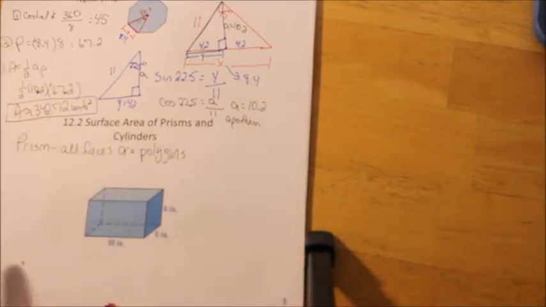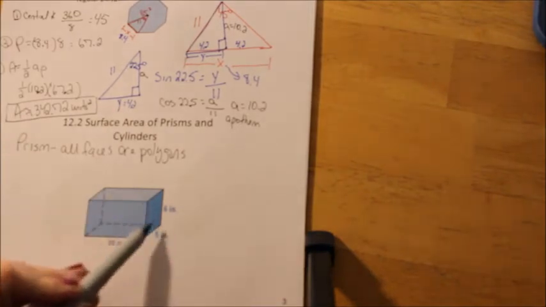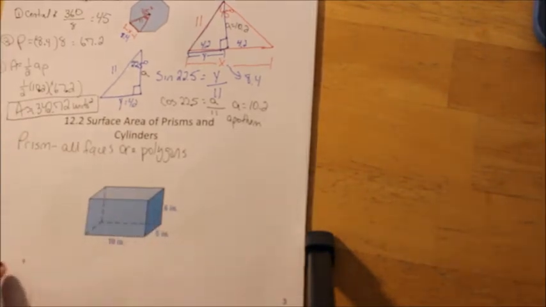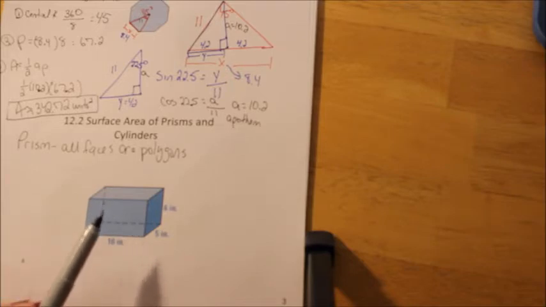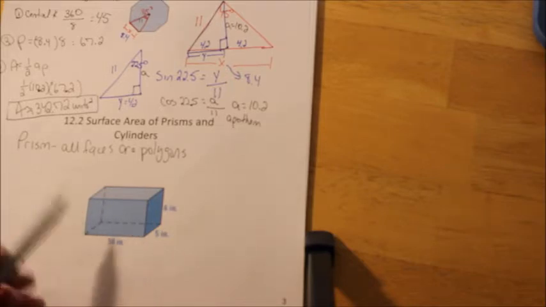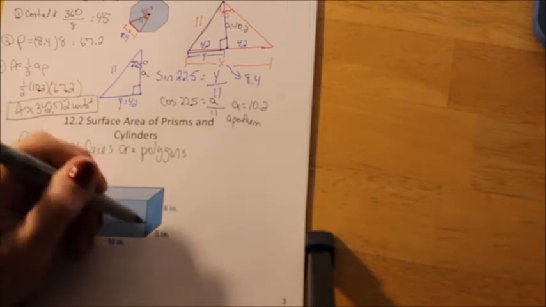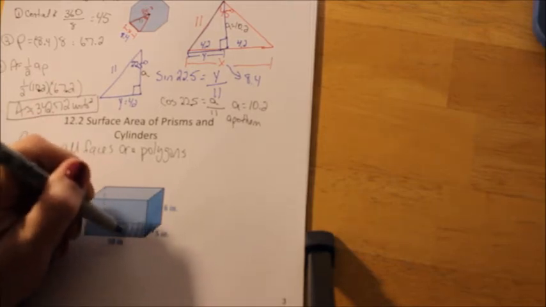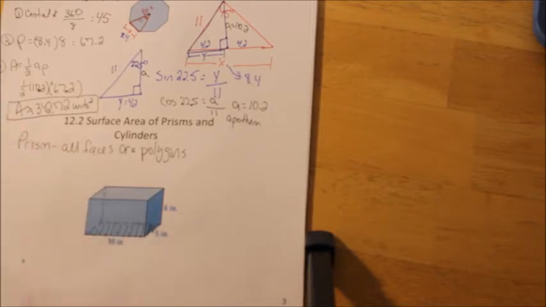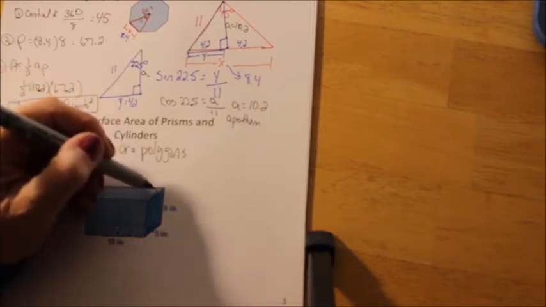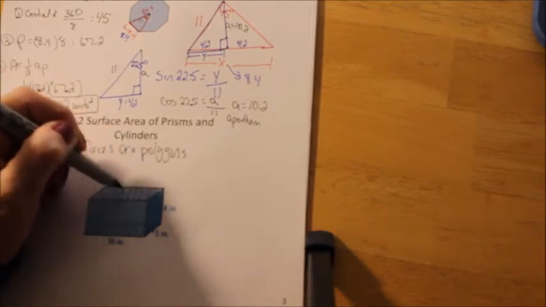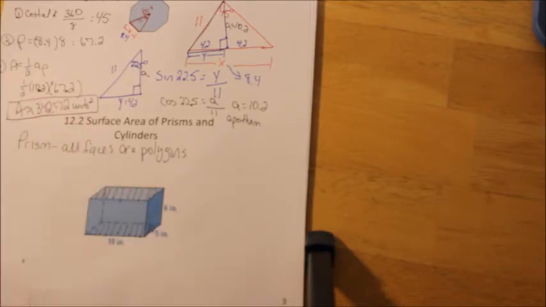And if I take a look at it, this is what we would call a rectangular prism. You name a prism by the shape of the base. So as an example, let's just say that this down here is the base, and then obviously you're going to have another base that's going to be congruent, the same figure.